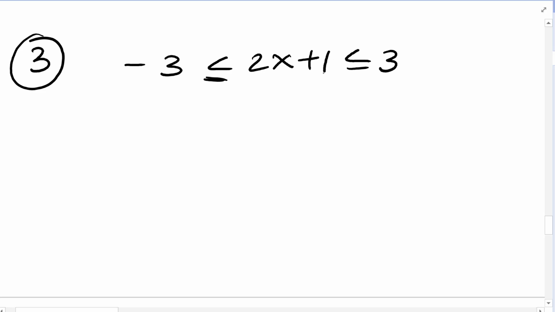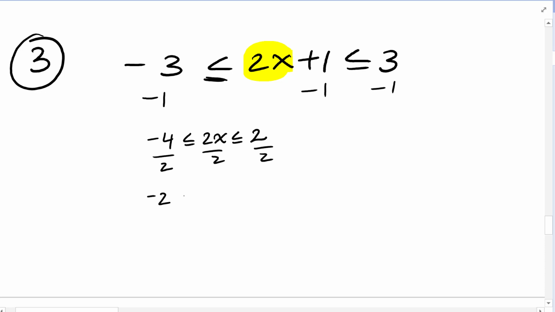So what I'm going to do is to get x by itself, right? First to get 2x by itself, I'm going to subtract 1 from all sides. So we get negative 4 less than or equal to 2x less than or equal to 2. Then I'm going to divide everything by 2. So I get negative 2 less than or equal to x less than or equal to 1.